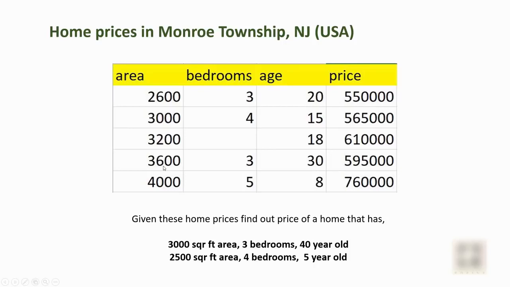Whereas I have a little bigger home here, 3,600 square feet, but since the age is more, the price is less than the one whose square foot area is less. Similarly, as the area and number of bedrooms goes up, the price also tends to go up. So overall, by analysis, we can say that for this data set, we can use linear regression safely.